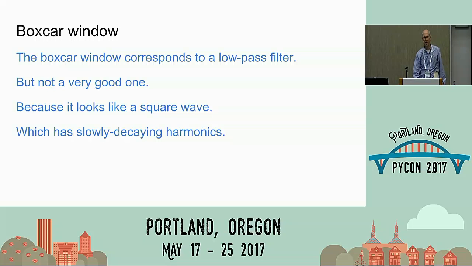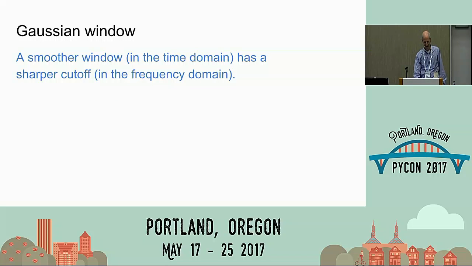If your window is not quite so sharp in the time domain, your filter will be sharper in the frequency domain. So here's my claim, and again, we're going to verify this experimentally.